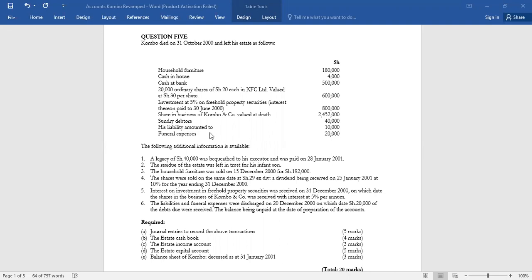The conventions of accounting still remain. We won't be doing anything different. What ought to be debited is debited. What ought to be credited is credited. Have we done that? That is on 15th December.